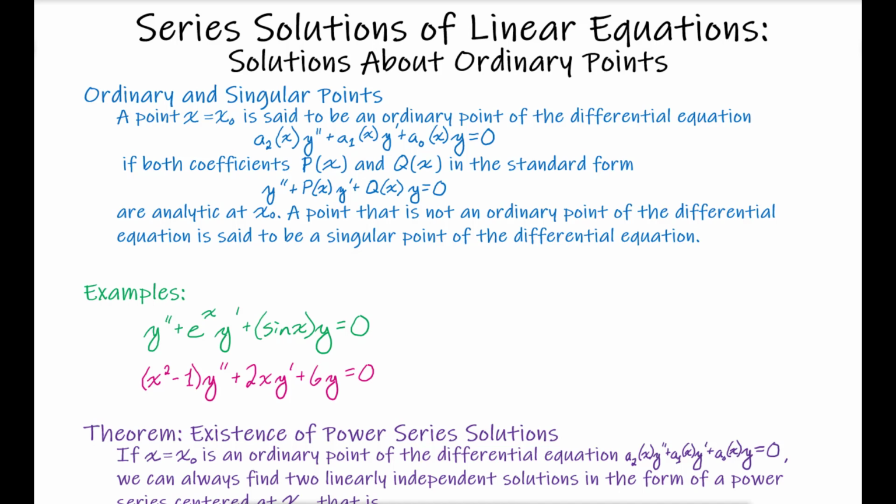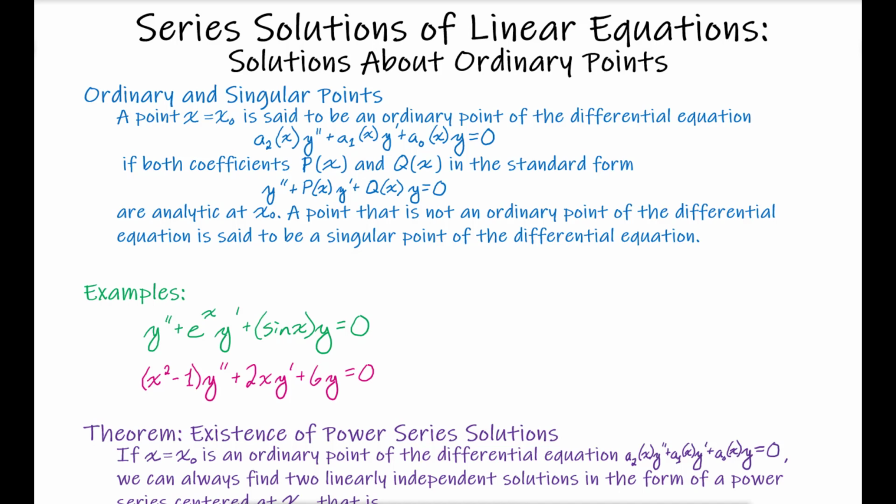To find those, we're going to be dividing by a sub 2 of x, so we're going to be dividing by x squared minus 1. Take a look at the coefficients that are currently on the first derivative of y and y. Notice that one of them is 2x and the other one is 6. These are both infinitely differentiable.